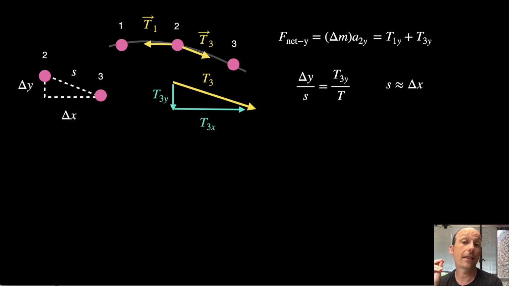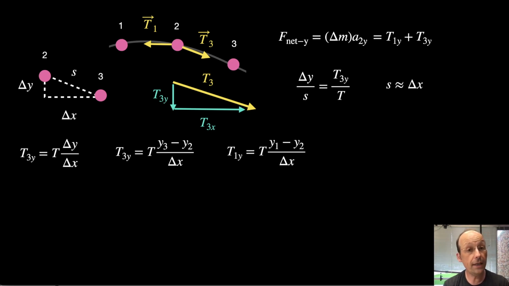And then I make the very rough assumption, for small displacements in the vertical direction, that s, the distance between the masses, is delta x, the horizontal distance. I know that's a stretch. So then I get this ratio: delta y over s is T3y over T, the total tension in the string, which is constant. So I get T3y is the tension T, the total magnitude, times delta y over delta x.